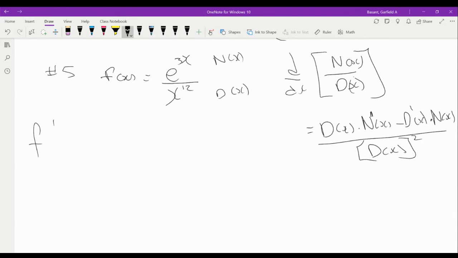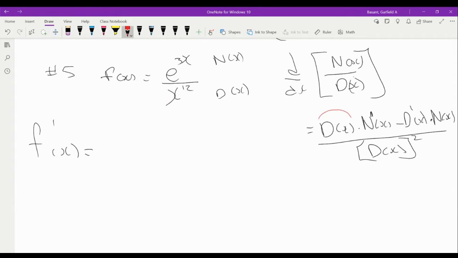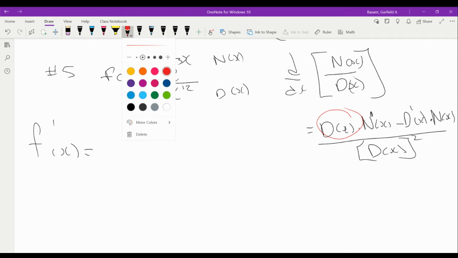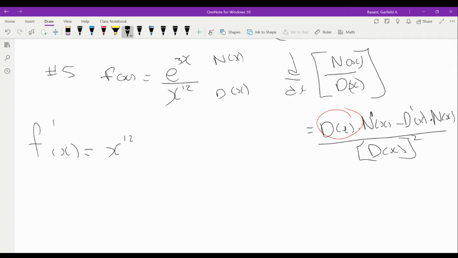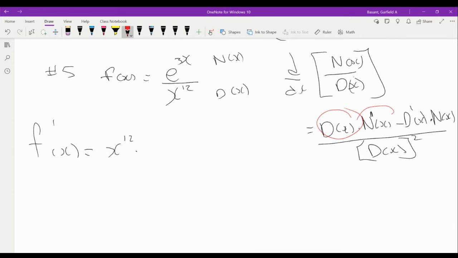Right, so if we take f prime of x, the first thing we want to do is write the denominator. And the denominator would be x to the 12th power. And we're going to times that by the derivative of the numerator.